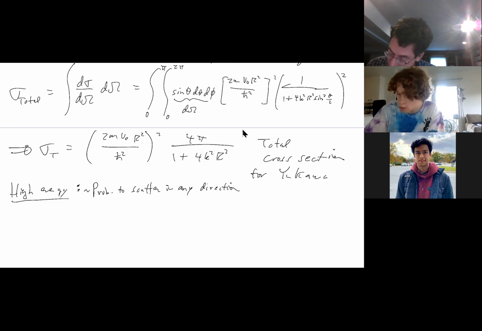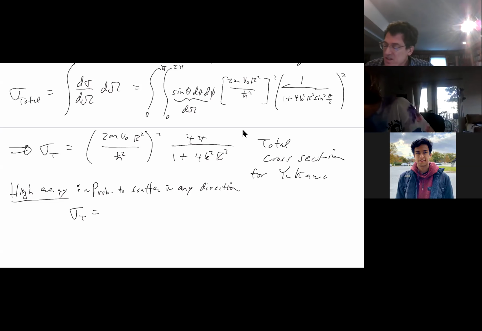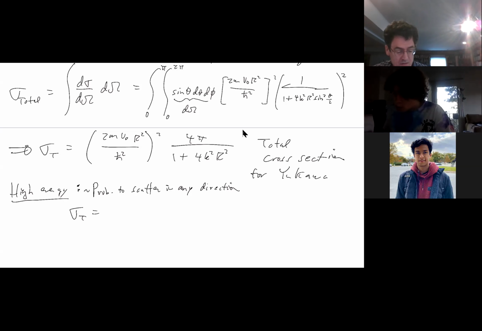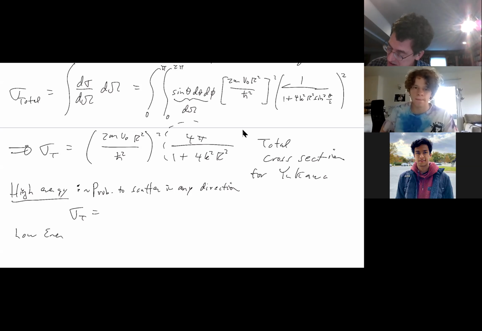And so at high energy, then sigma total is equal to what? Somebody tell me. Just look at that formula. What happens to this formula at high energy?